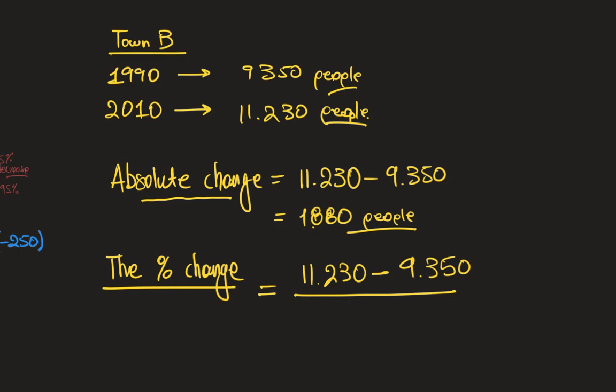Then we need to divide this by the population we had at the beginning, 9,350, and then whatever the answer is needs to be multiplied by 100, because that will change the result into a percentage.